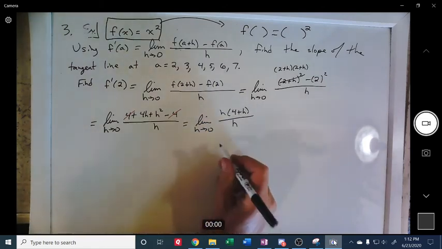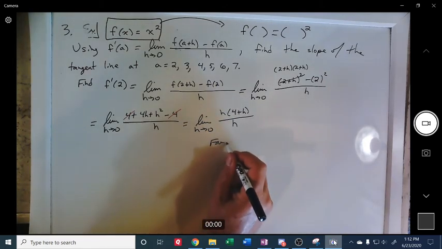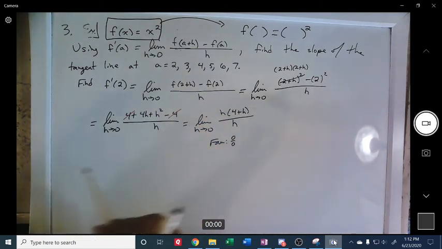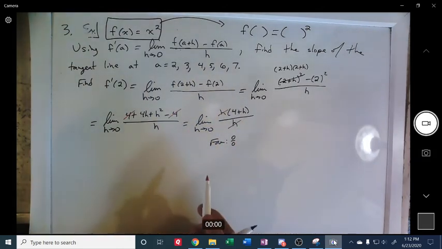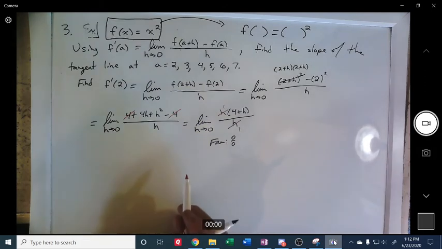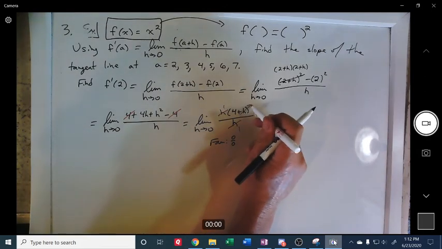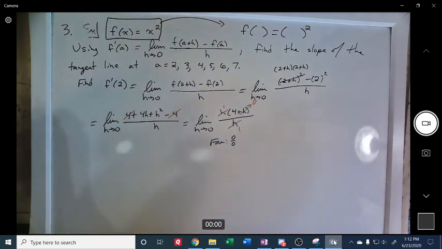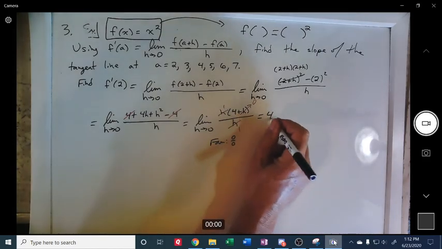The form is 0 over 0 until I do this. Once I cancel them out, then it's not 0 over 0, and this thing will drive to 0. And I get 4.